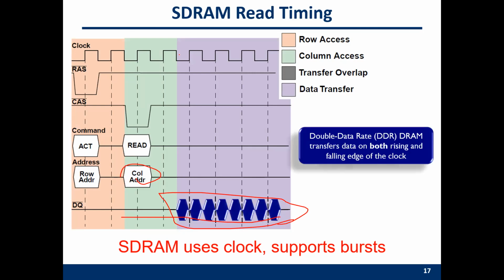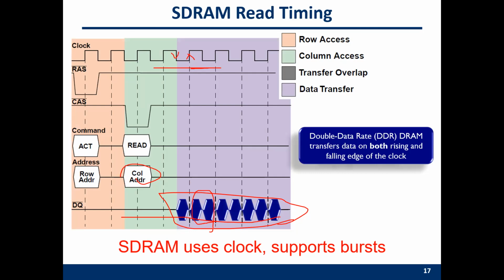And now the data transfer can happen not only on the rising edge, but also on the falling edge. So in one cycle, 2 data packages can be sent.